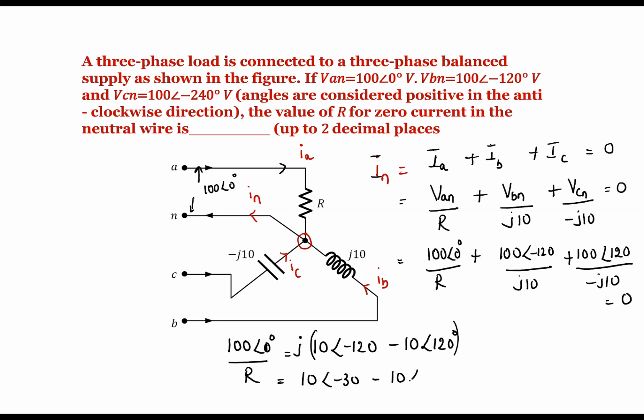That is 10 cos minus 30 minus J 10 sin 30 minus 10 cos 210 minus J 10 sin 210.